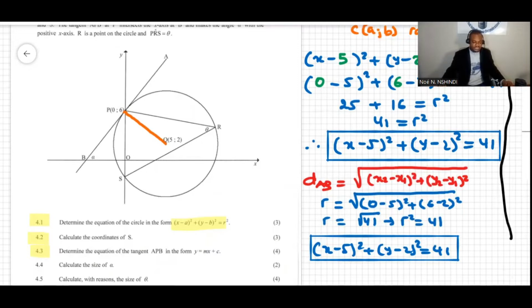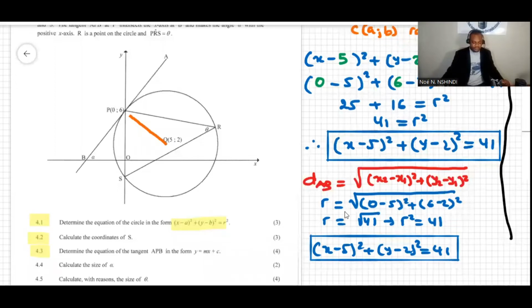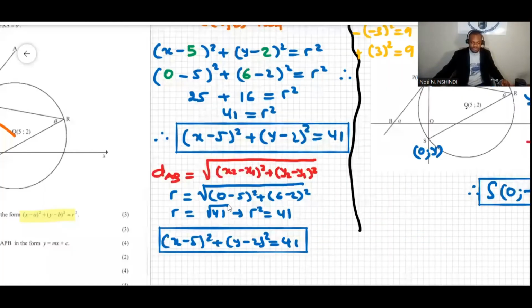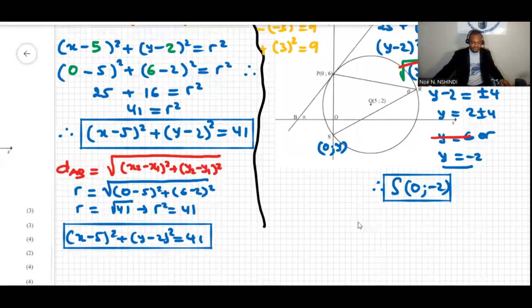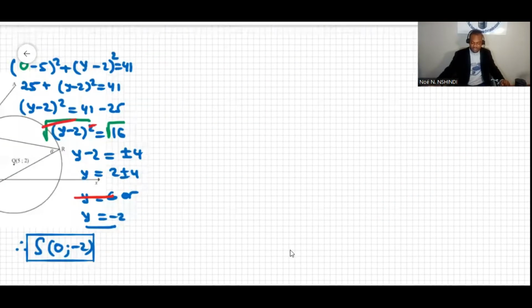So the equation of the tangent APB is this one, in the form y = mx + c, obviously because the tangent is always a straight line. I want to move my board over here, so let me split.